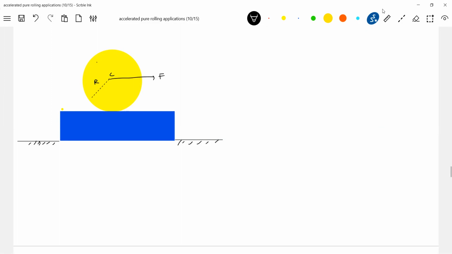This is having a mass M. This is 2m. So let this be a disk. This is rough and this is smooth. What is the maximum value of force for which no slipping occurs between the disk and the plank?